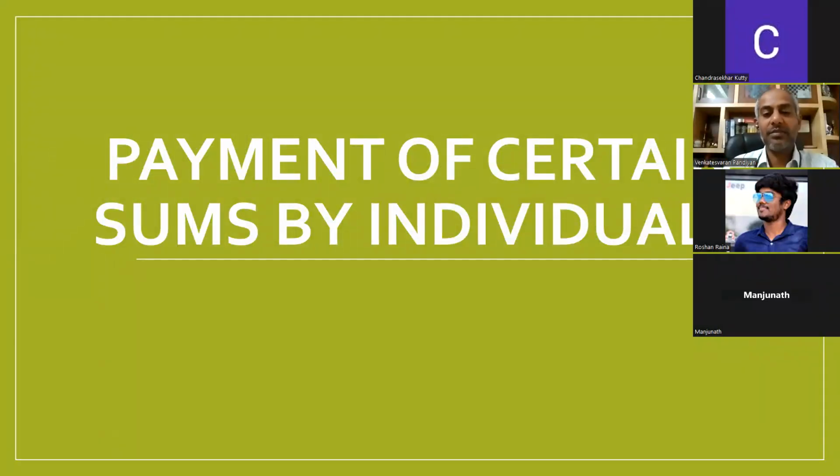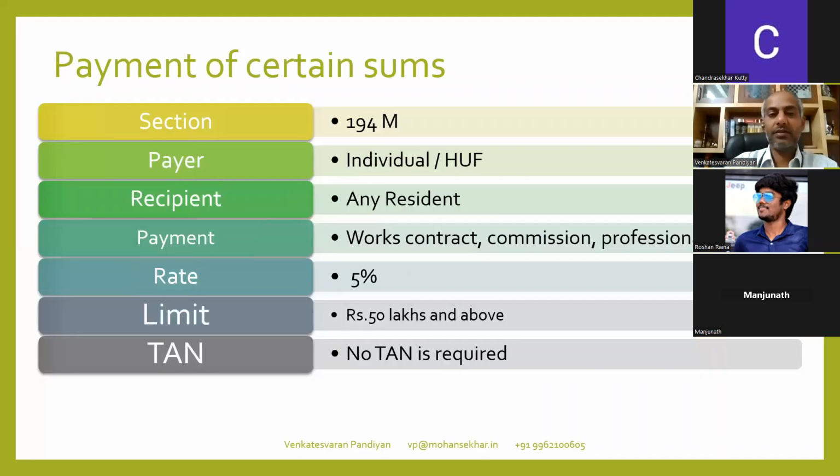Payment of certain sums by individuals. So any work contract, commission, or professional fees. What does it mean? Now I am an individual. I engage an architect for constructing my house, or I engage a contractor for constructing my house.